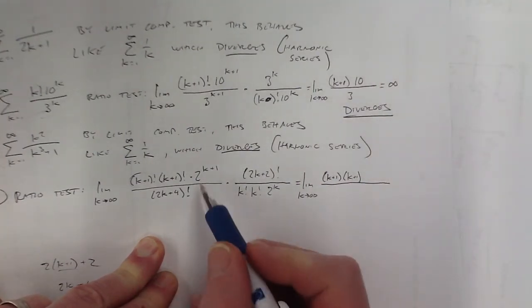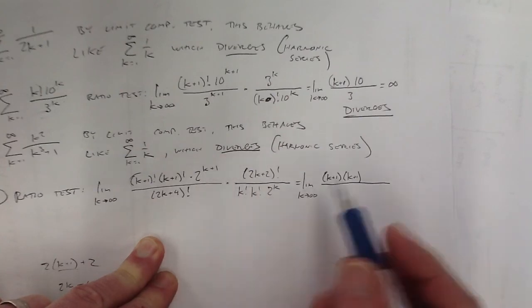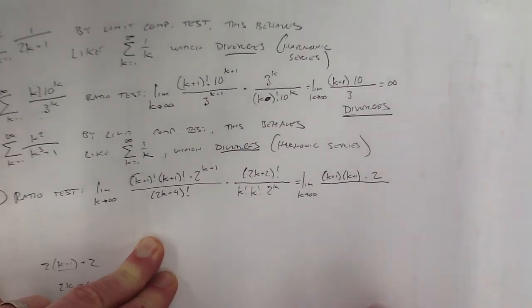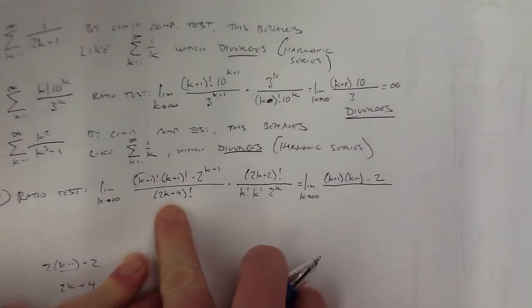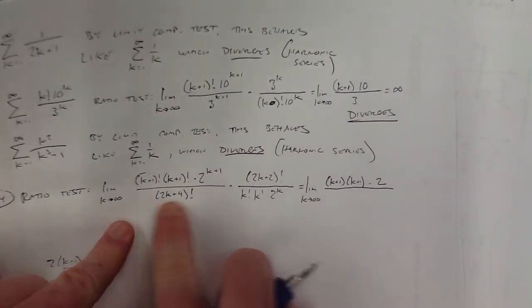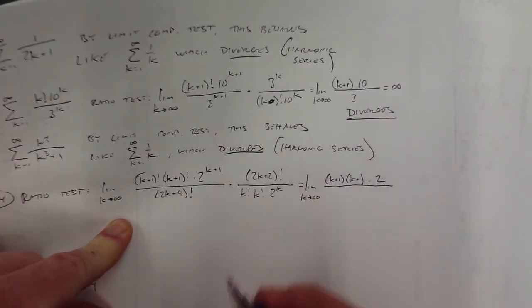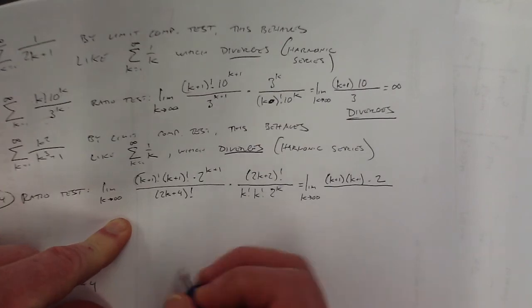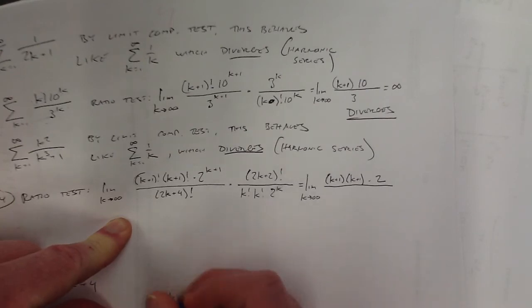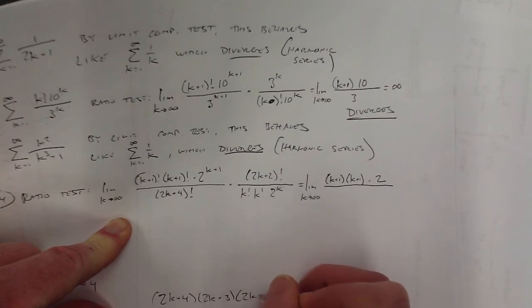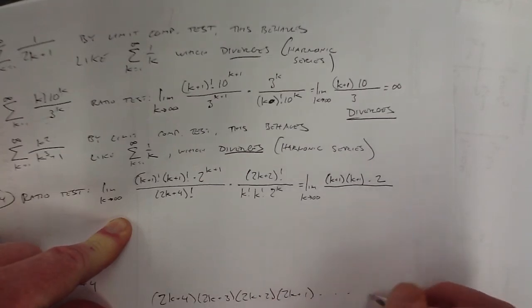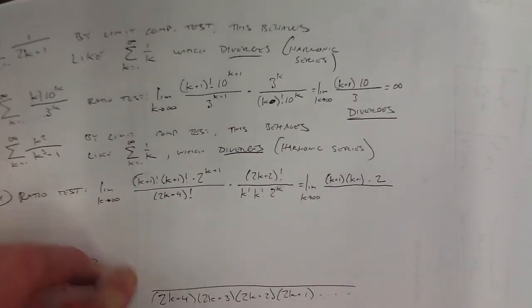And then with the 2's, 2 to the k plus 1 over 2 to the k, I got one extra 2 on the top there. And then on the bottom, if you think about what's going on here, maybe this isn't very intuitive to you, I don't know. But if you do 2k plus 4 factorial, that's 2k plus 4 times 2k plus 3 times 2k plus 2 times 2k plus 1, and then so on, all the way down to 1.